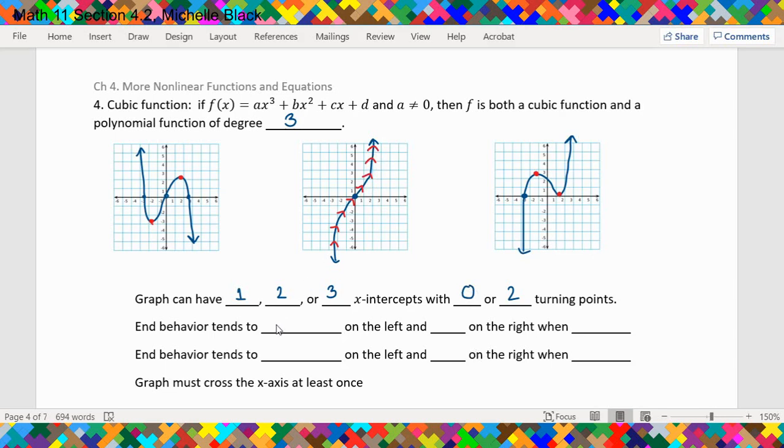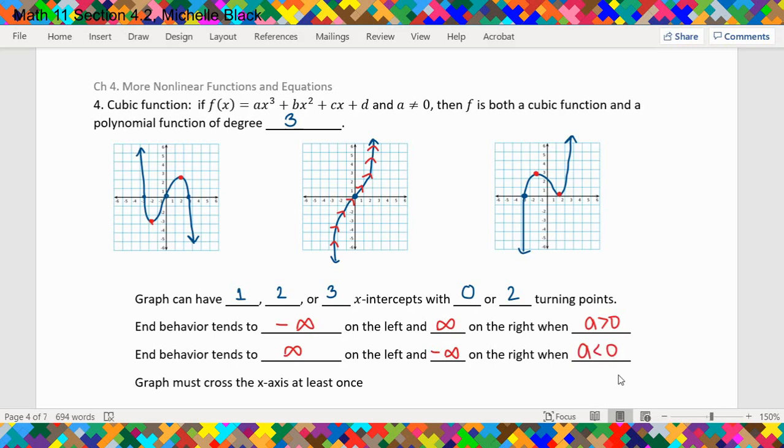The end behavior tends to negative infinity on the left and positive infinity on the right when our a value is positive. And our end behavior will tend to positive infinity on the left and negative infinity on the right if our a value is negative.